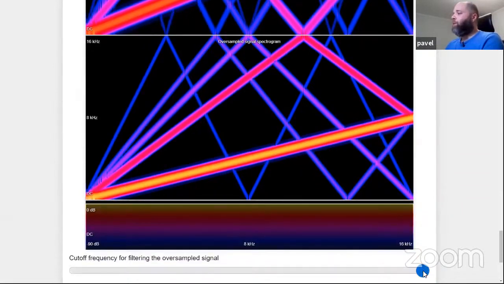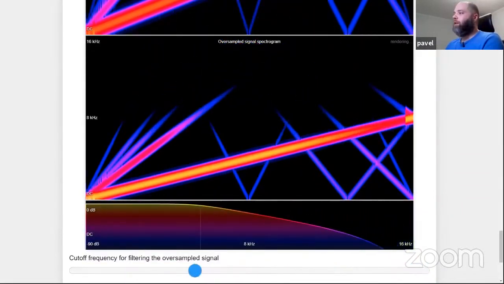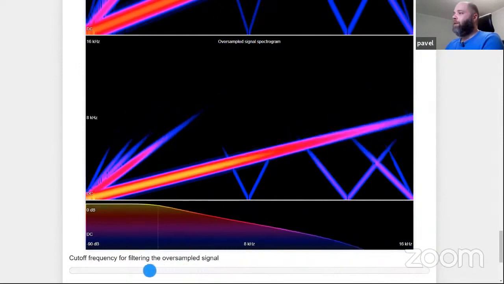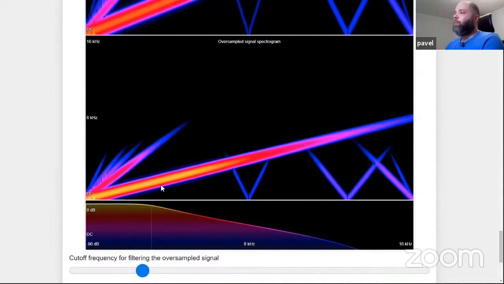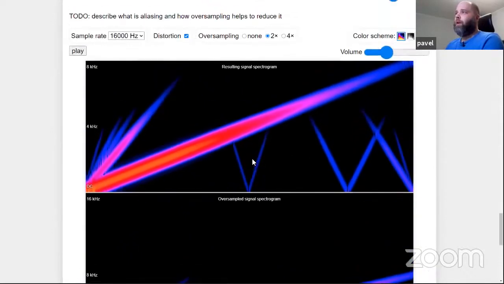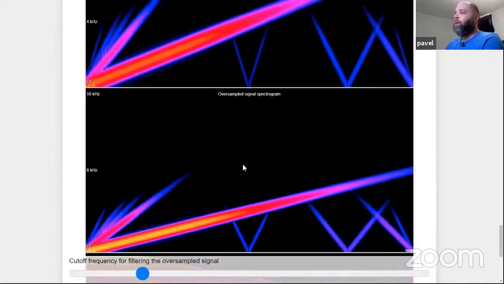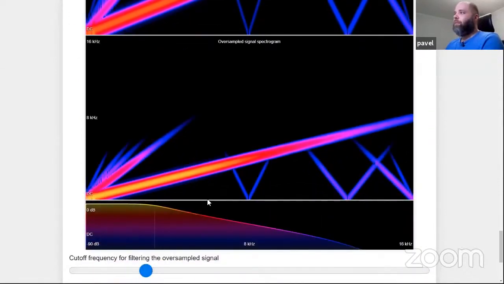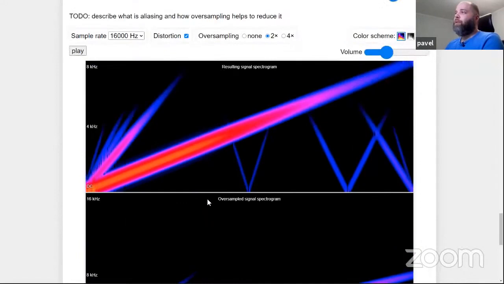Next, we can filter our upsampled signal. We keep only the lowest frequencies and filter out the highest frequencies that we don't actually need, because after downsampling back to the initial sample rate, we will not be able to reproduce those frequencies anyway.